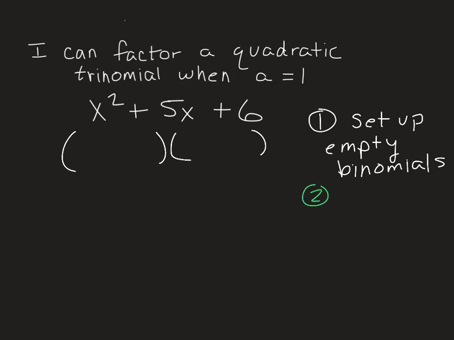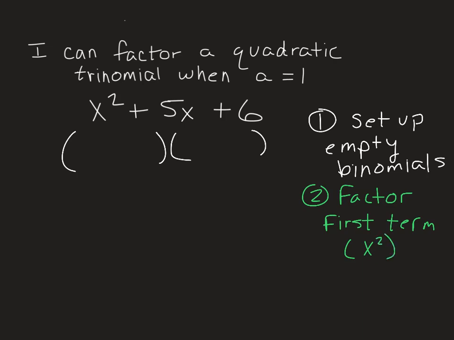Step 2 is that we need to factor. Remember, that means we're going to pull apart into pieces. Basically, we're going to unmultiply the first term. In this case, that first term is an x squared.